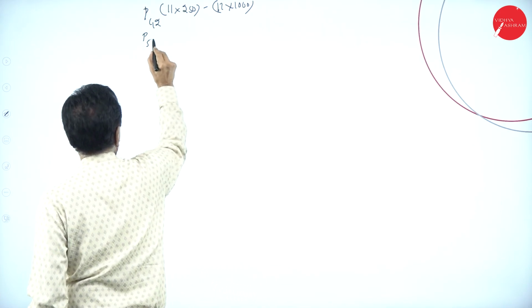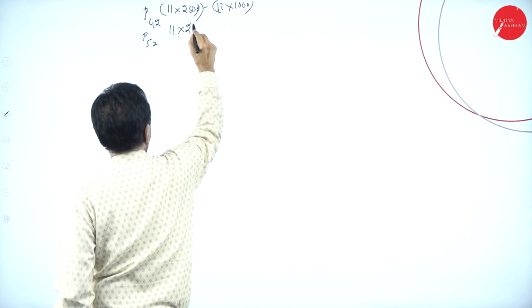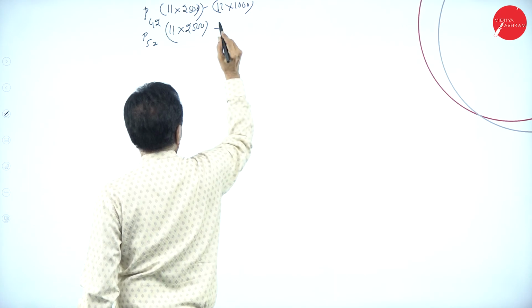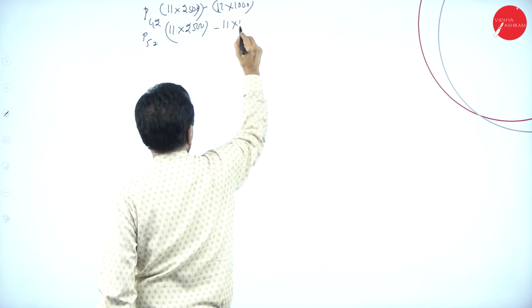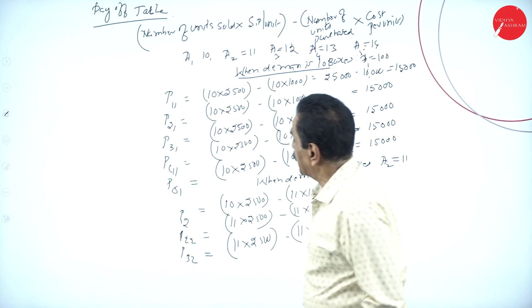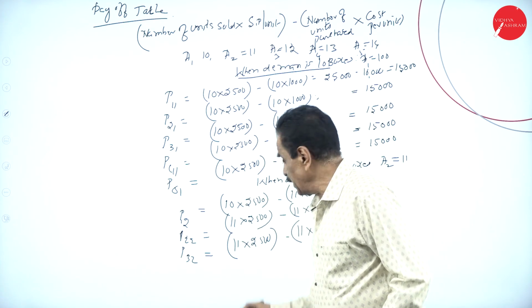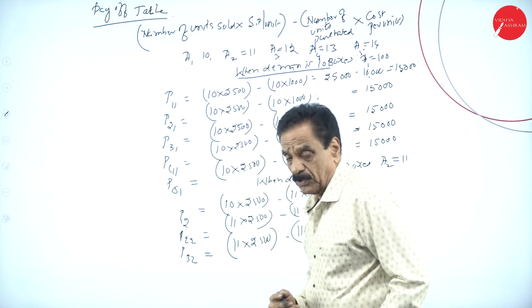P52: 11 into 2,500 minus 11 into 1,000. Rotation system, I will explain. First 10, 10, 10 you have to take. Then 10, 11, 11, 11. Next 10, 11, 12, 12 you have to take like that.